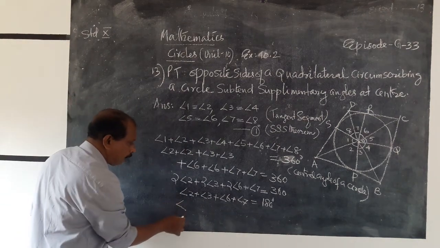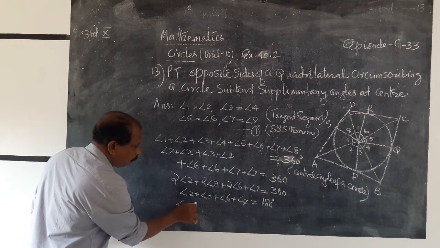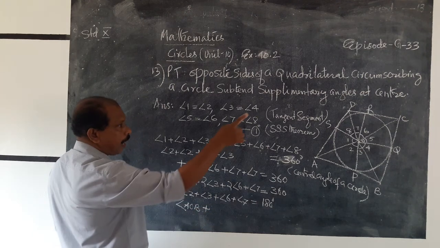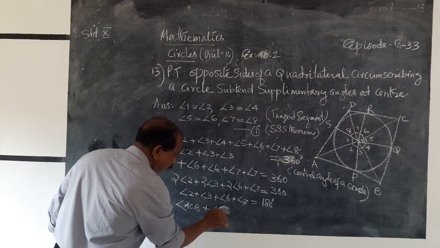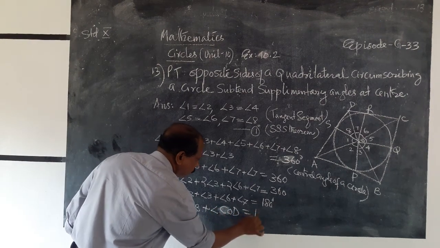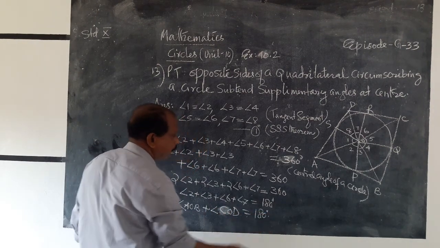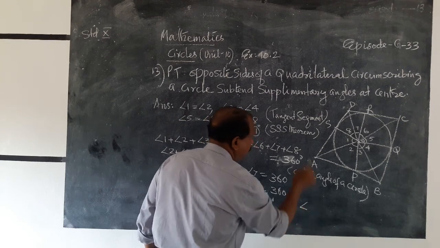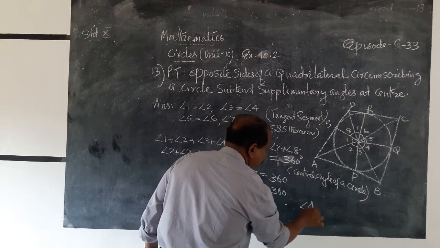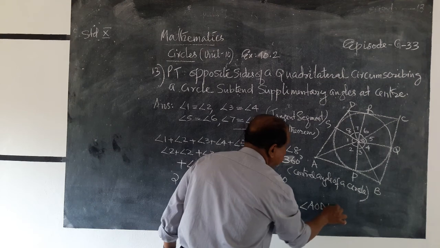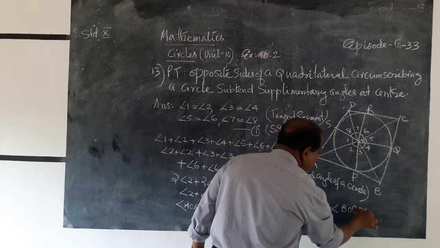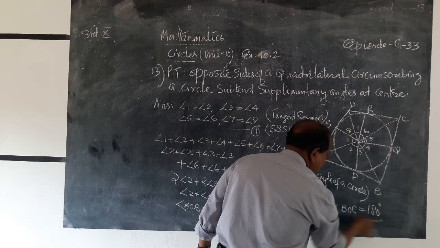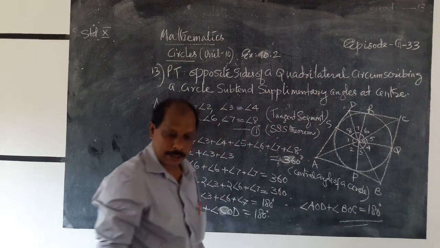That is angle AOB plus angle COD. Angle COD is equal to what? 180 degrees. Therefore, angle AOD plus angle BOC is equal to 180 degrees. That is supplementary angles. Clear?